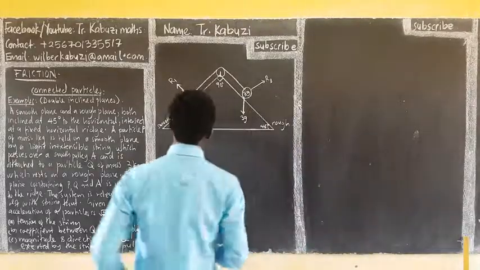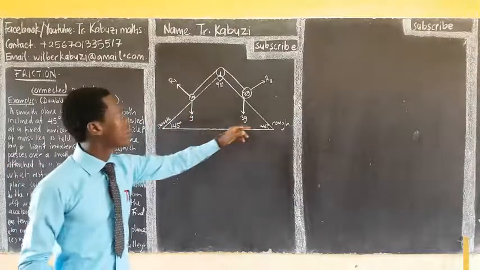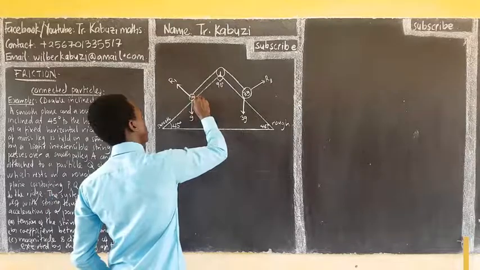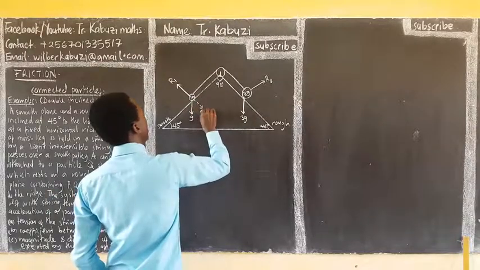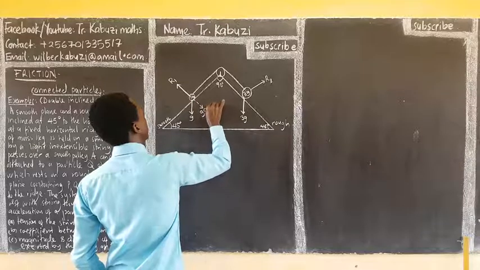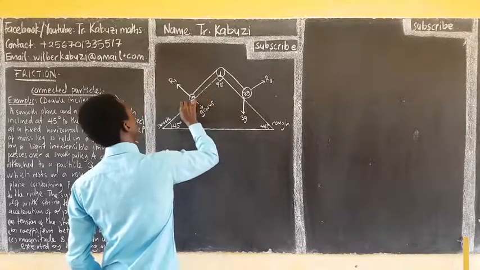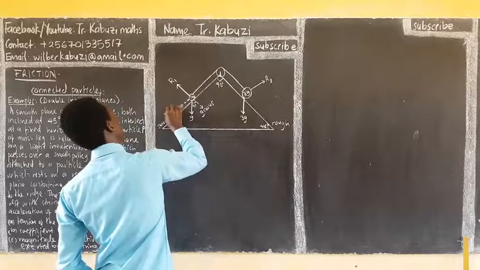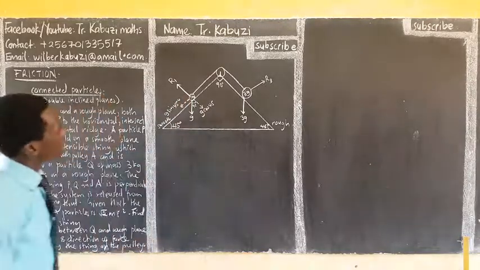So from there, we can resolve this and resolve this. If we resolve this, this would be g cos 45, because this angle is 45. Then this will be g sin 45 degrees.